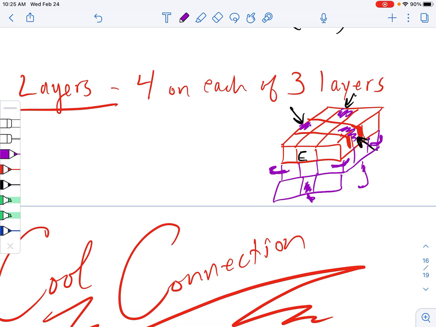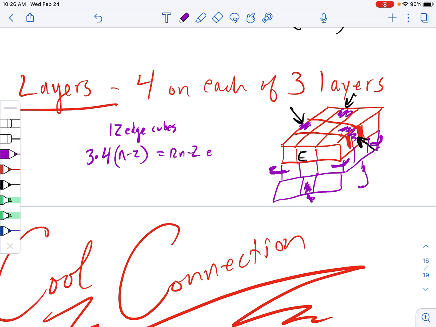So if they all have 4 and there's 3 layers, that means there's 12 edge cubes in a 3 by 3 by 3. How should I have known that? Well, n minus 2, and each layer had 4 of them. And then I had 3 layers.